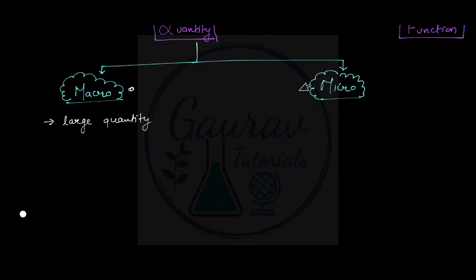We'll be comparing the macronutrient and the micronutrient. A large quantity is required in macronutrient. Micronutrient would require a smaller quantity, or lesser quantity.